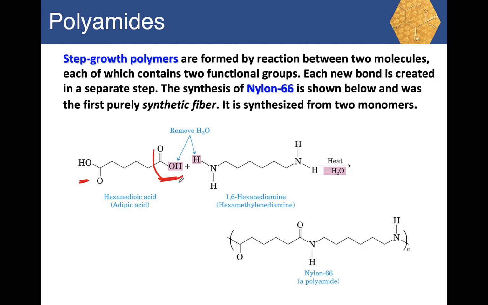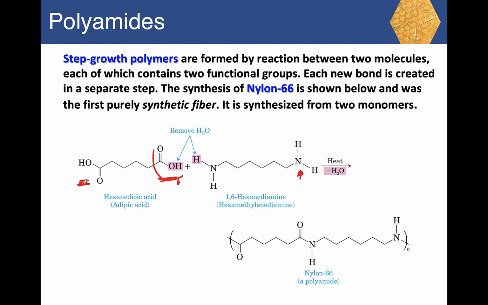The reaction of a carboxylic acid with an amine gives an amide. And here is the amide bond right here. As you can imagine, here is another carboxylic acid in the same molecule, and here's another amine in the same molecule.